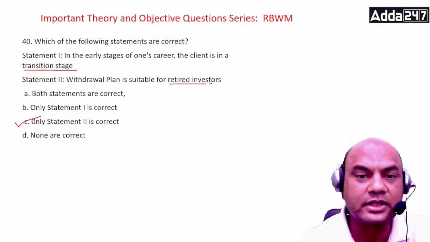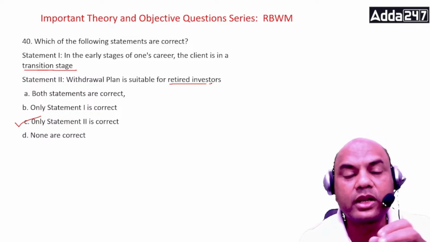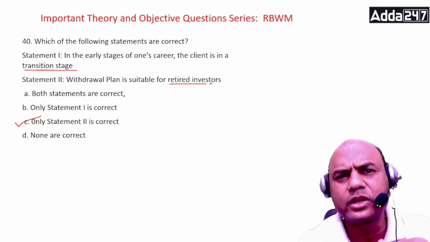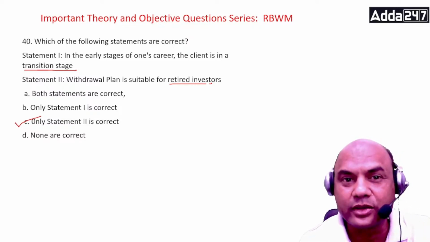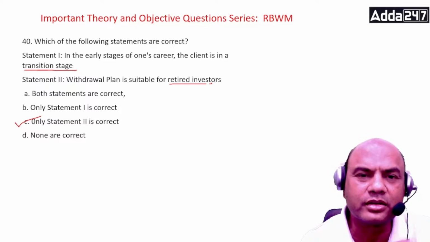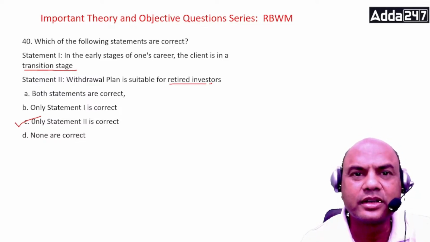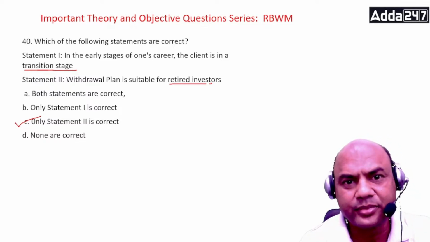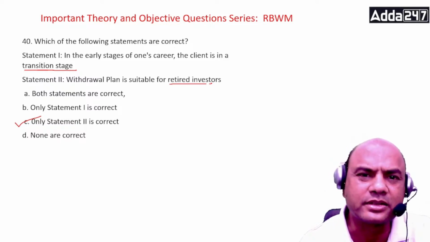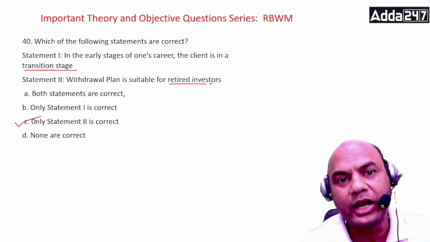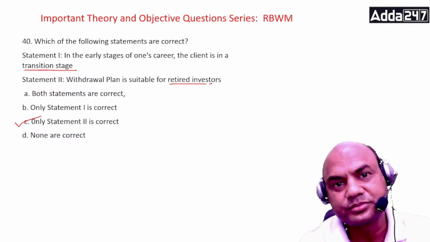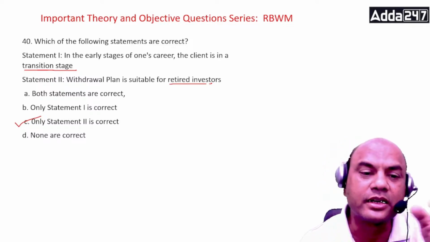Individuals' expenditures are less in the accumulation phase, generally before marriage. Your expenses are a bit less if you don't have any habits, so you can definitely have surplus because the expenses are limited. After you get married and come to the transition phase, all the expenses start.